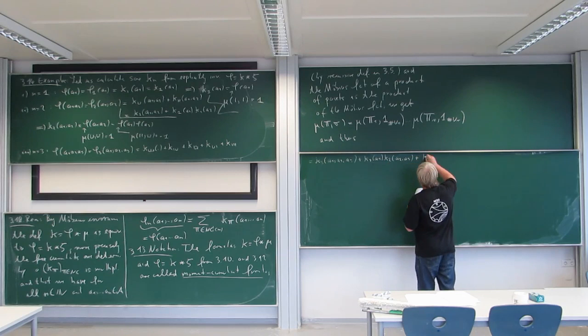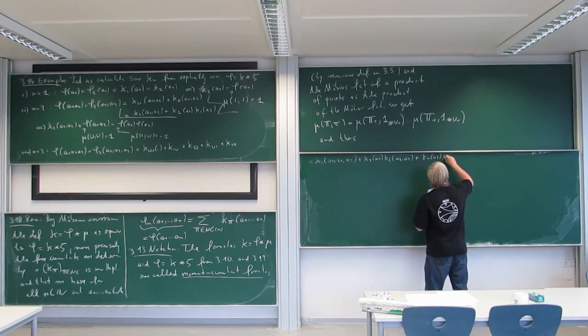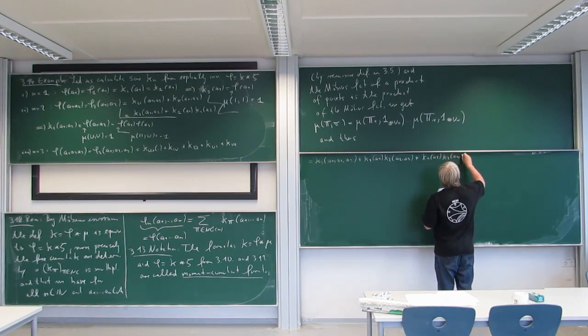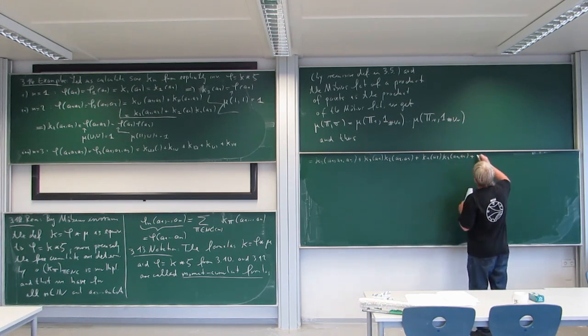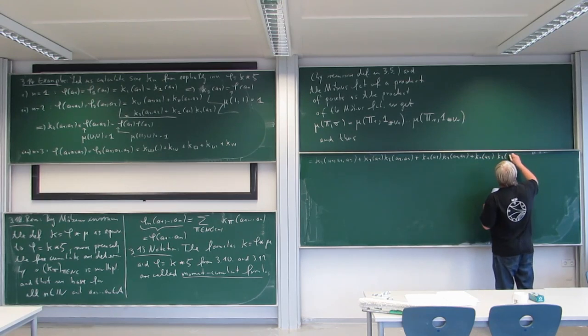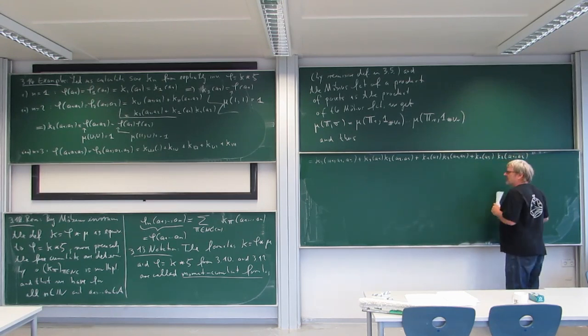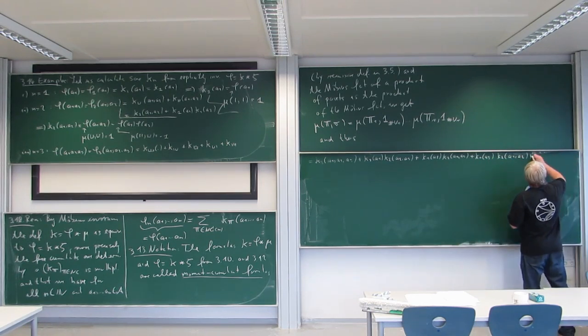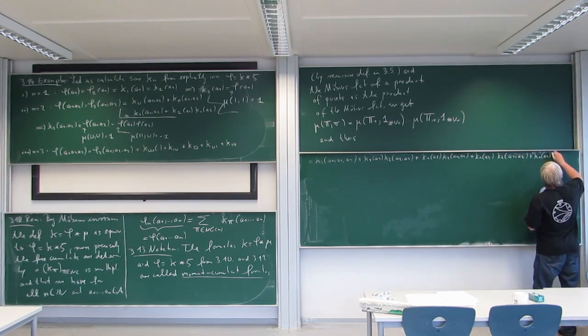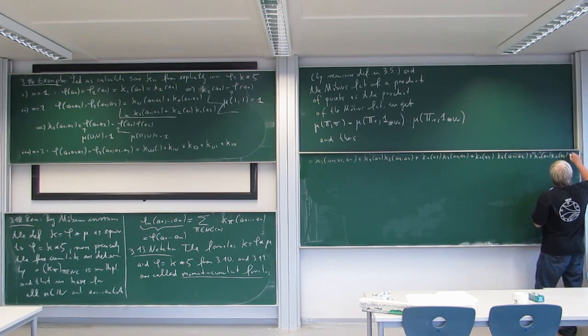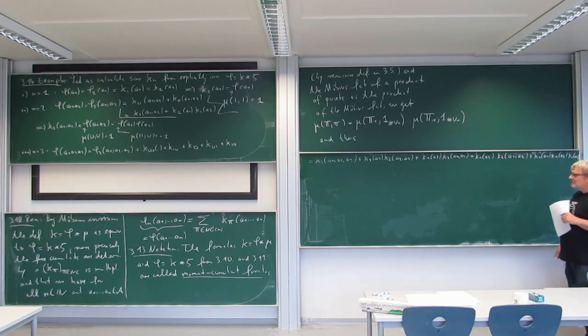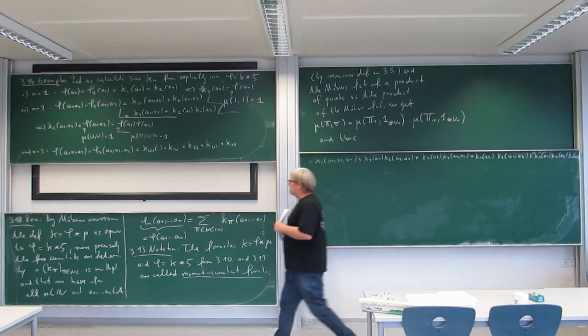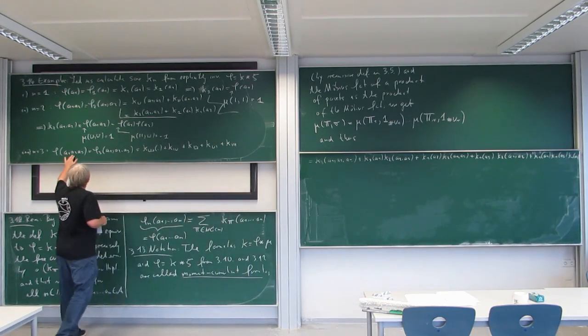Then I have correspondingly a kappa 1 of A1, a kappa 2 of A2, A3, plus a kappa 1 of A3 and a block which connects the first and the second element. And the last term has 3 blocks, so I have a product of 3 kappa 1s: kappa 1 of A1, kappa 1 of A2 times kappa 1 of A3. And the sum of this is equal to this moment.